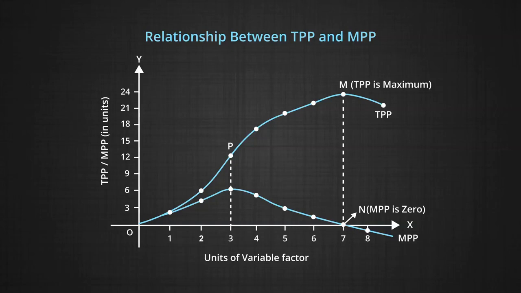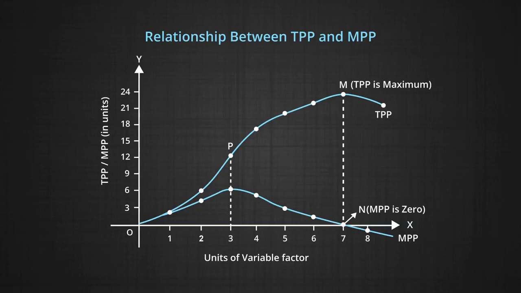The point P is therefore called a point of inflection. That is, it indicates the point at which the TP curve changes shape from an increasing rate of increase to a decreasing rate of increase.